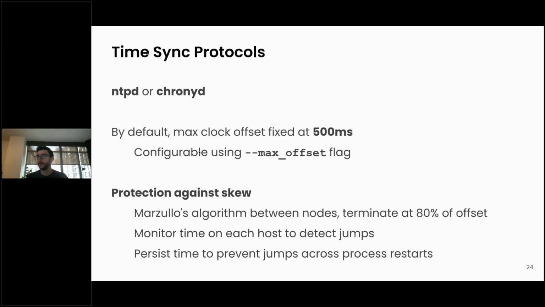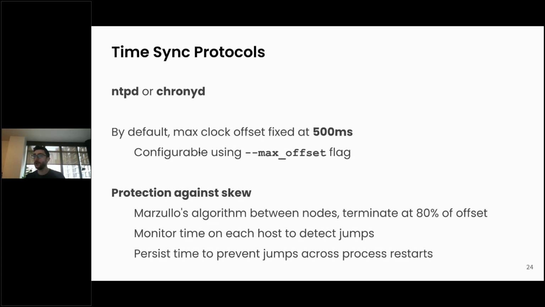We believe that this could be improved, but for now this is actually a static configuration where, upon process startup, it will configure its maximum offset that it expects to see between itself and any other process in a cluster of CockroachDB nodes. And by default, this is 500 milliseconds of clock skew.